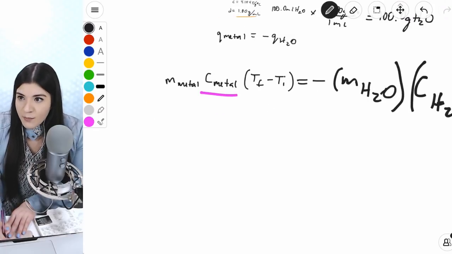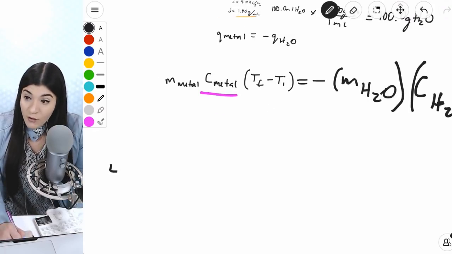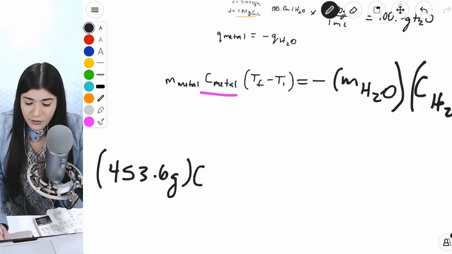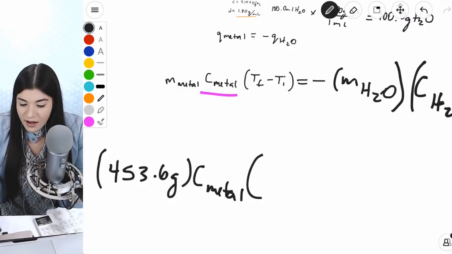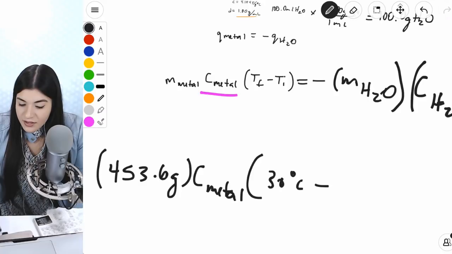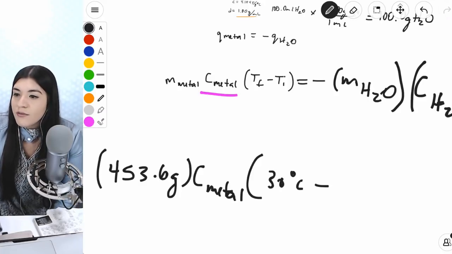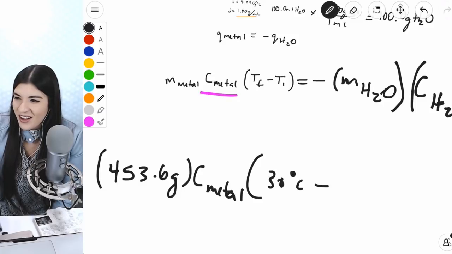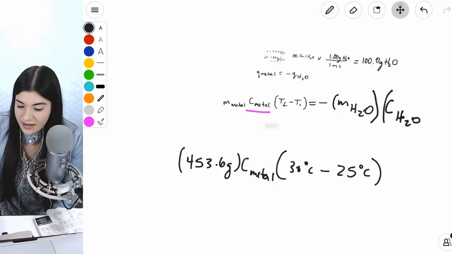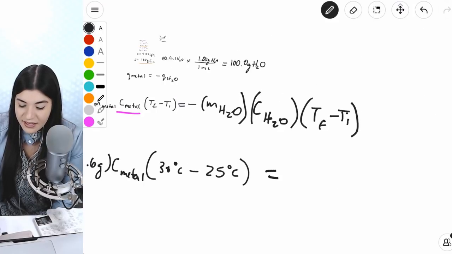So our mass of our metal was 453.6 grams. We're looking for our specific heat of the metal, so I'm just going to leave that. Then our final temperature, we said, was 30 degrees Celsius, minus our initial temperature of the metal, which was, let's see, 25. Next, I'm going to keep plugging everything in.